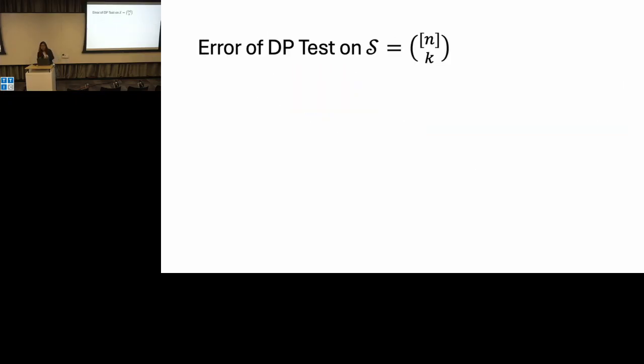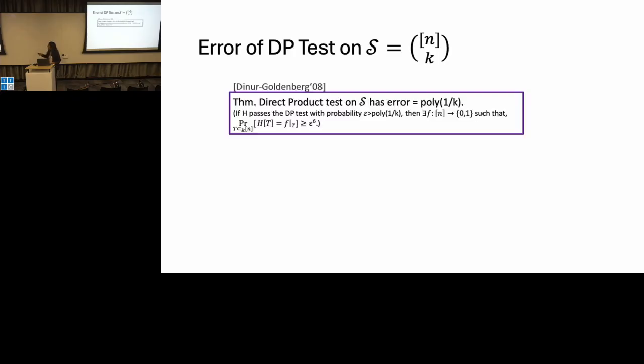Now let's look at what was known about direct product testing. One immediate question is what if you take the simplest possible set system, all possible k-size subsets of the universe. Noor and Goldenberg showed that the direct product test on this set system has very, very small error, polynomial in 1 over k.